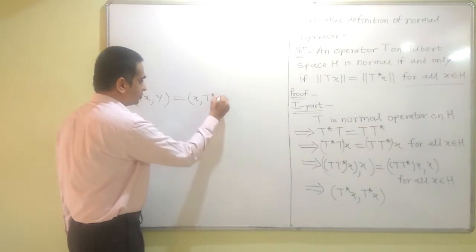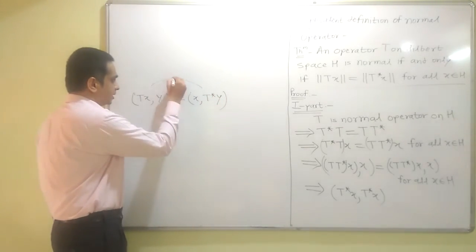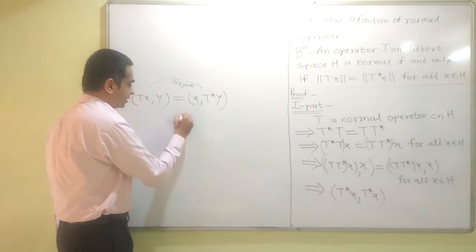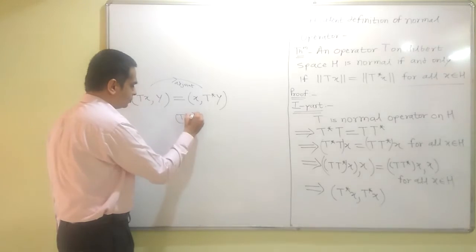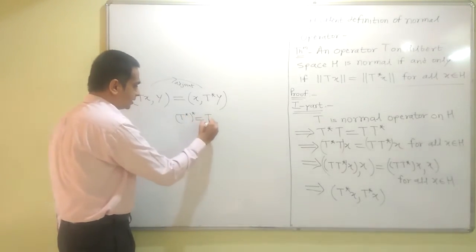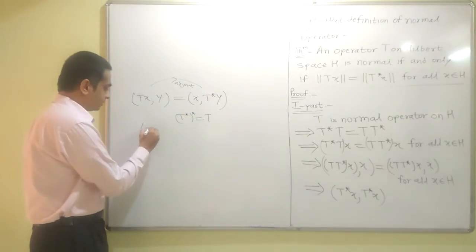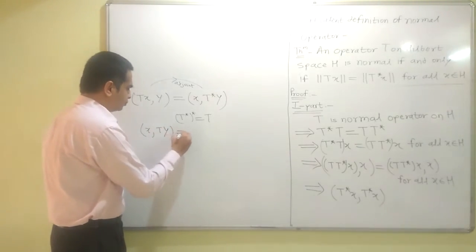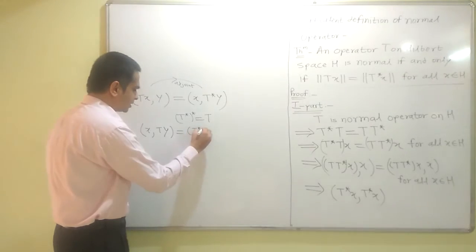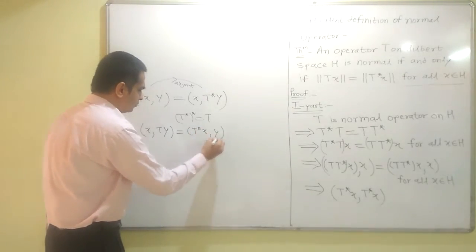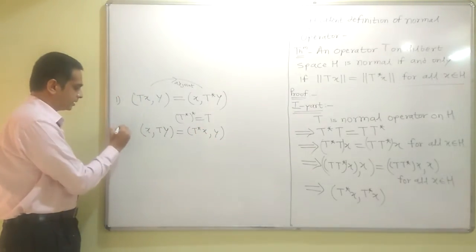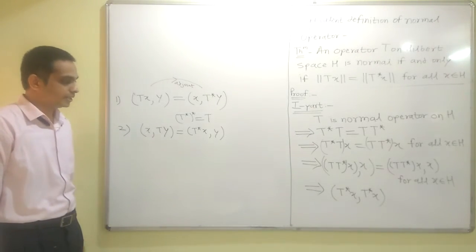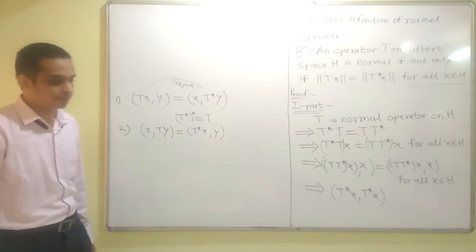This is by definition of adjoint, and by the result we have proved that T star star equals T, we can write also that inner product of x and Ty equals inner product of T star x and y. So if you remember these two properties, you can prove all the properties for adjoint operator. So just remember these properties.